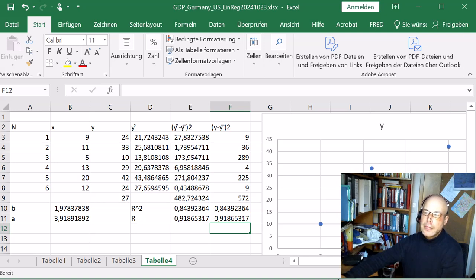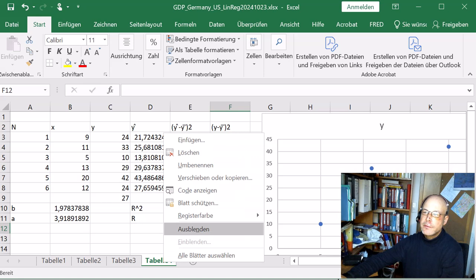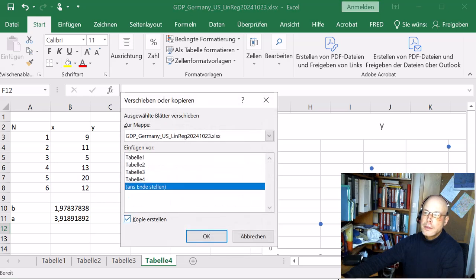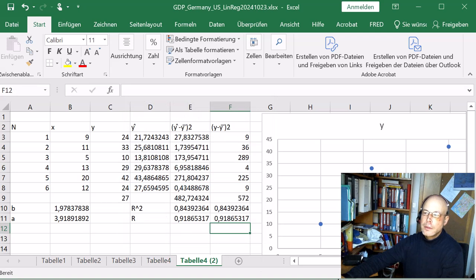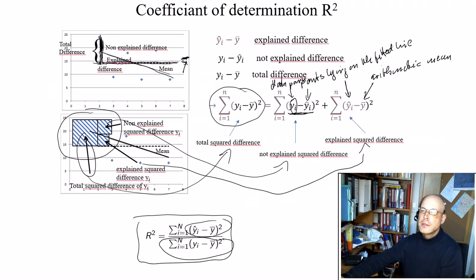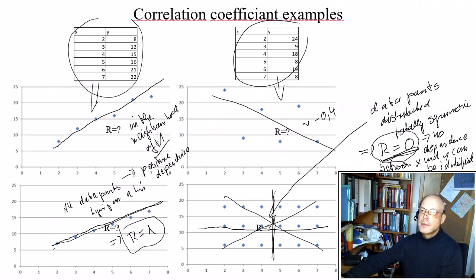Okay, well, and if you have done this, the nice little thing is, copy. Let's take 5 here. I think I have the same number of data points in this example here.